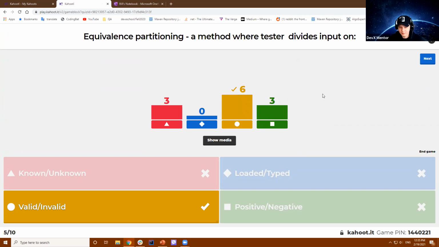Good job. In equivalence partitioning, we're dividing our input into valid and invalid. Yeah, you got it.